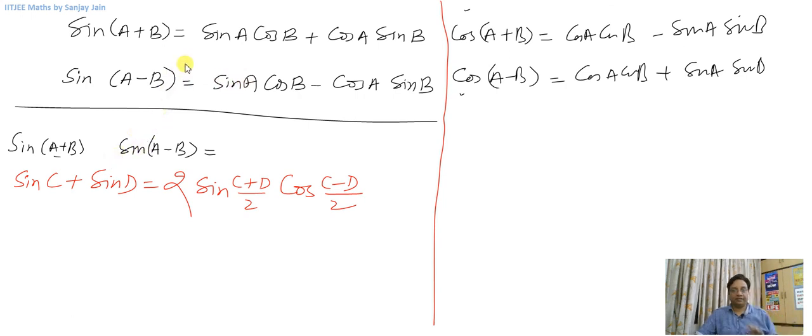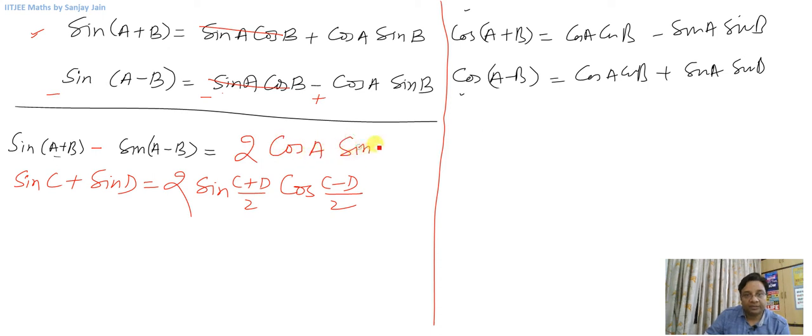Now I am subtracting this from the first one here, so this sign will change to plus. If you notice, while subtracting, this sin a cos b and this sin a cos b will get cancelled, and the difference of these two, that is sin a plus b minus sin a minus b, will be equal to 2 cos a sin b.